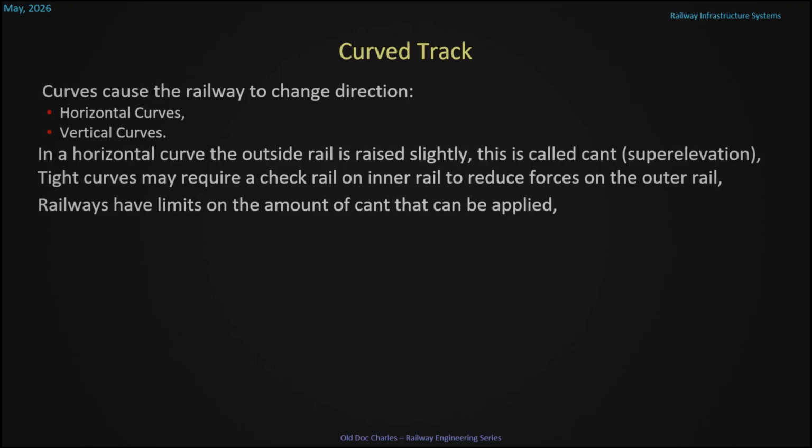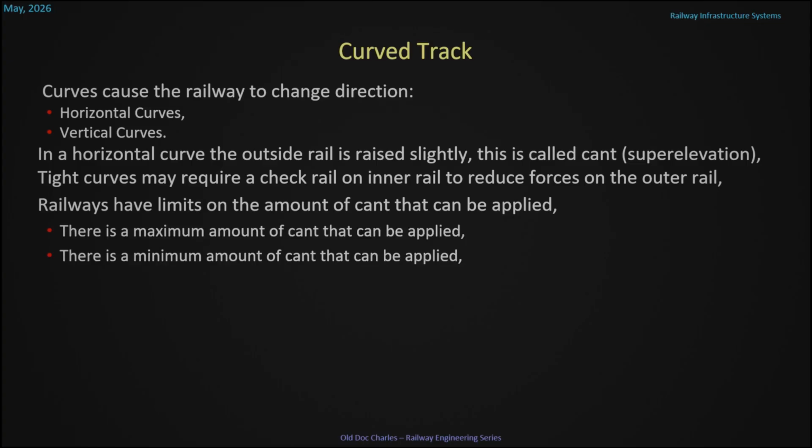And railways have limits on the amount of cant that you can apply. There's a maximum amount of cant, there's a minimum amount of cant, and on some railways you can only apply cant in multiples of a certain number. Usually it's about 5 millimeters or so.